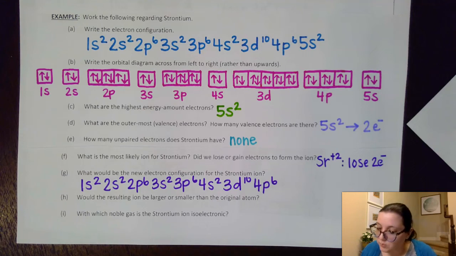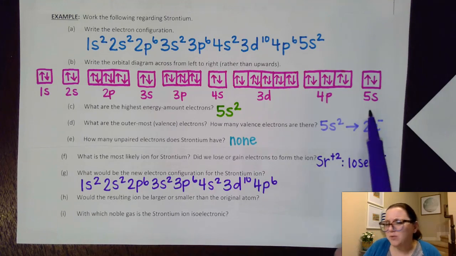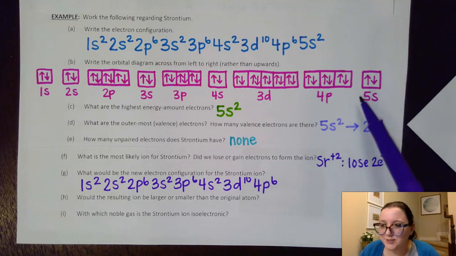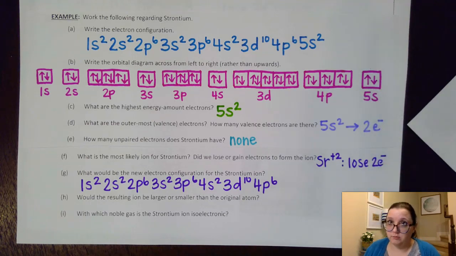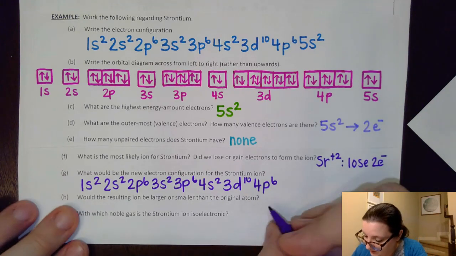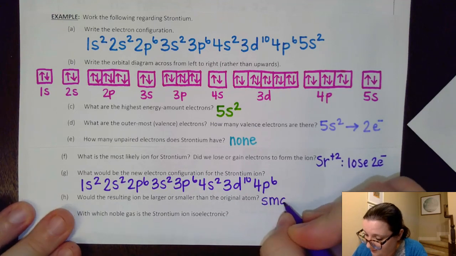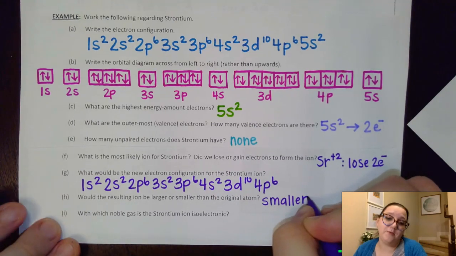It then asks, would the resulting ion be larger or smaller than the original atom? Well, think about it like this. Not only did I lose electrons, so I lost repulsions, but I literally just lost the entire 5th energy level. Like, I now only have 4 energy levels, where before I had 5. So I am definitely going to be smaller here than what I was before.